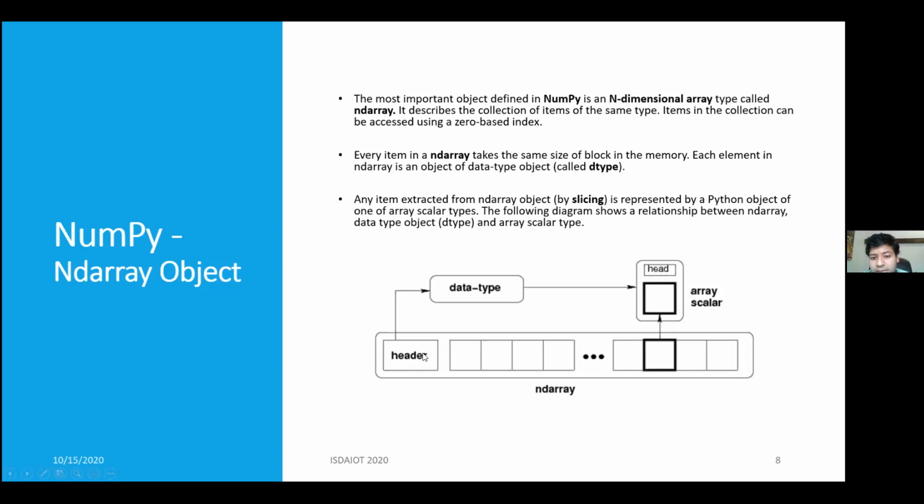Just by logical addition and subtraction, we can access the head of the different blocks of memory. That helps to increase the speed of these operations by using the ndarray. Any item that is extracted from an ndarray object by slicing is represented by a Python object of one of the array scalar types. The following diagram shows the idea. So I think it is clear.